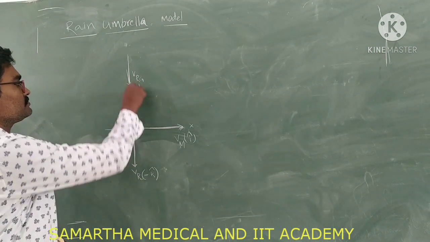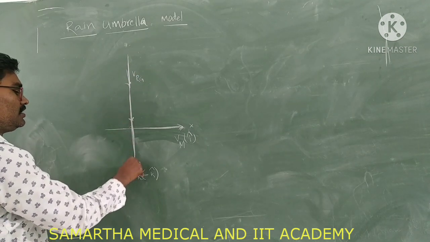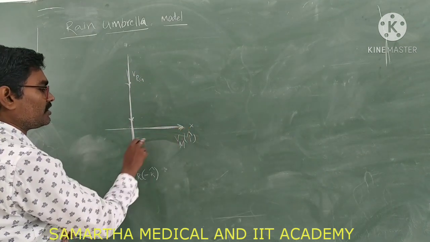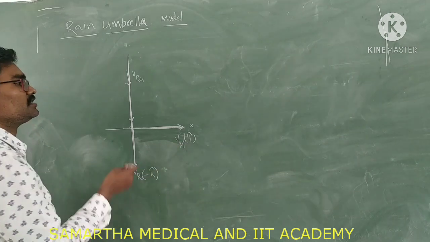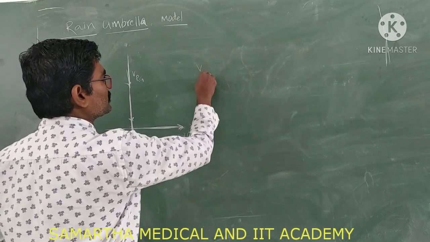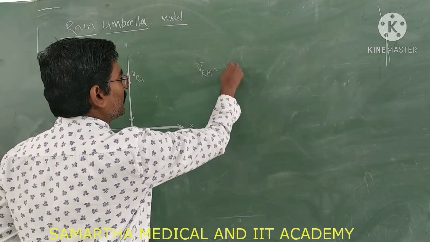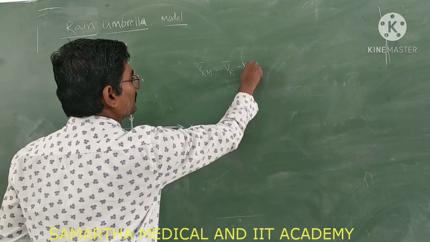Now, see here. If this is the rain falling vertically downward, and this is the direction of velocity of the man, then the velocity of rain with respect to man I need to calculate. What is the velocity of rain with respect to man? Velocity of rain minus velocity of the man. Correct?